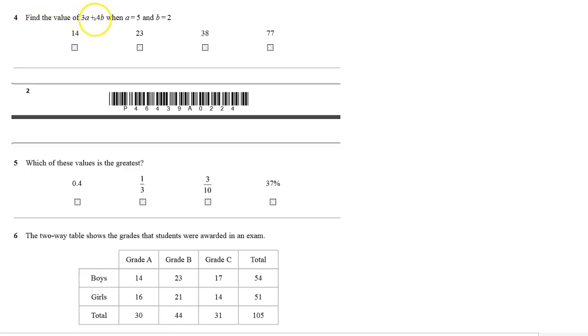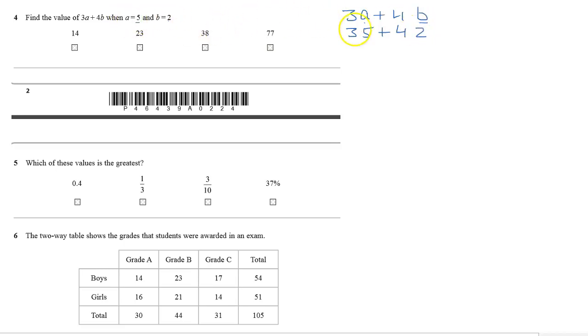Question number 4. Find the value of 3a plus 4b. 3a plus 4b. When a and b are given in this kind of question, you replace a by whatever value is given and b by the other value. So let me replace: 3, and a is 5, plus 4, b is 2.